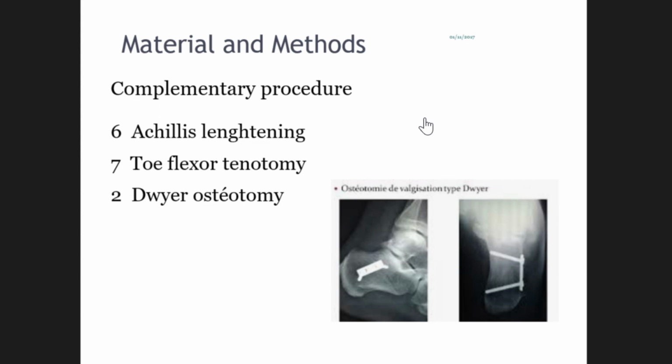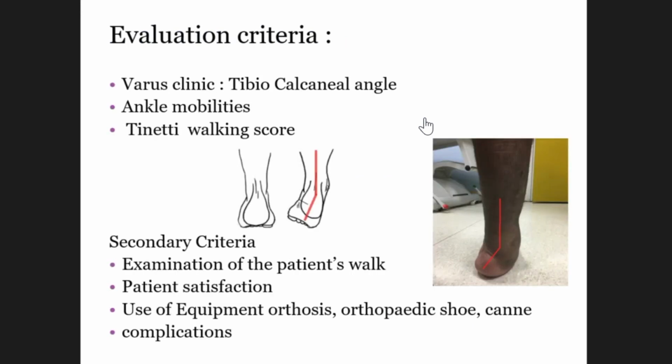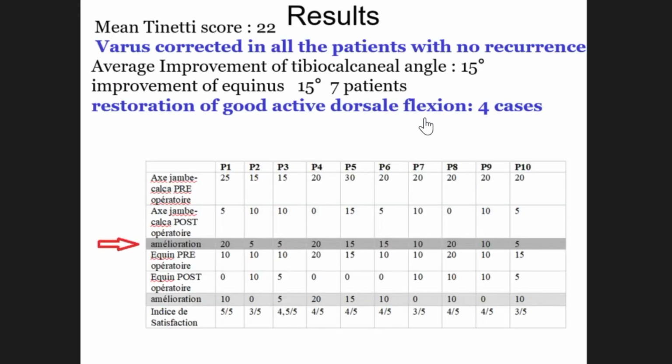Three complementary procedures were done: 6 Achilles lengthenings, 2 flexor tenotomies, and 2 Dwyer osteotomies in case of severe varus. The criteria of evaluation were classical. We measured the tibio-calcaneal angle, ankle mobility, and T90 walking score. Secondary criteria were examination of the patient's walk, patient satisfaction, use of equipment such as orthosis, orthopedic shoes, or cane, and looking for complications.